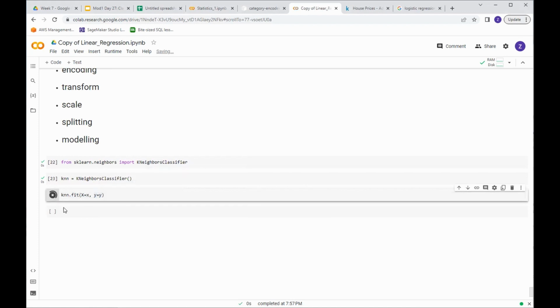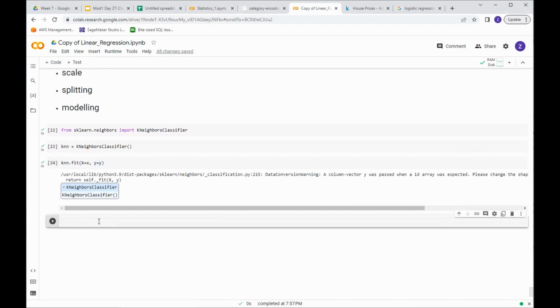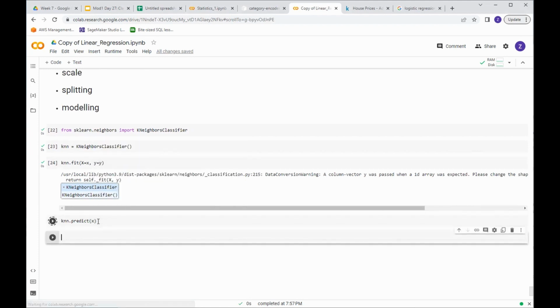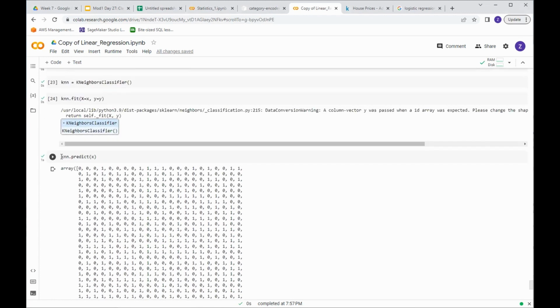So we can train our algorithm like that, so that the k-nearest neighbor gets trained, and then we can use the k-neighbor to predict. We can predict again exactly how we did earlier. We can predict on X, and it will give us predictions.